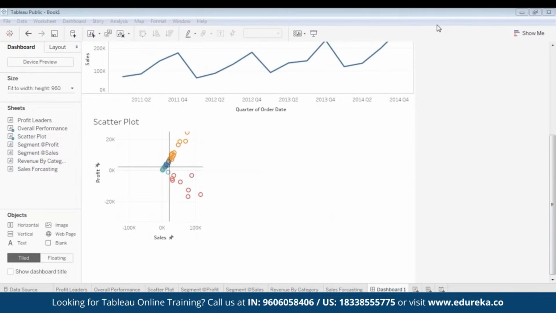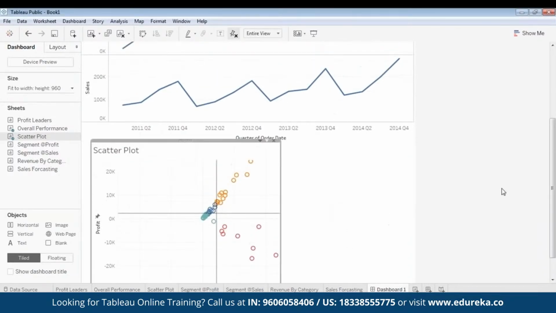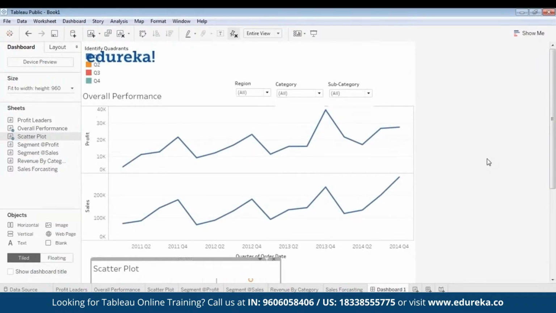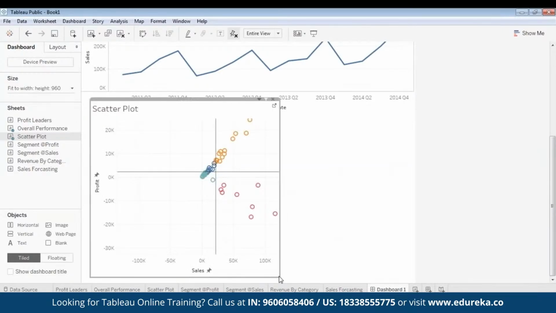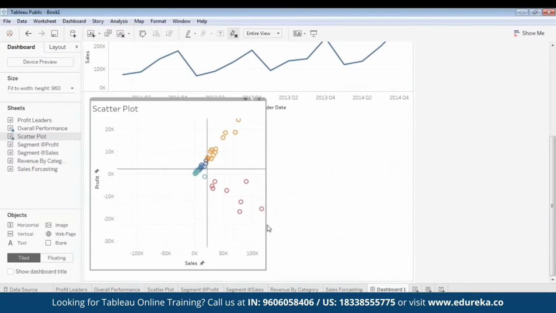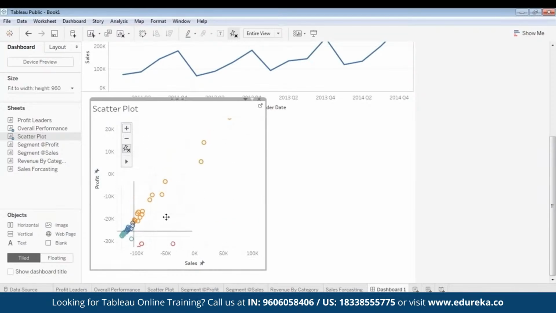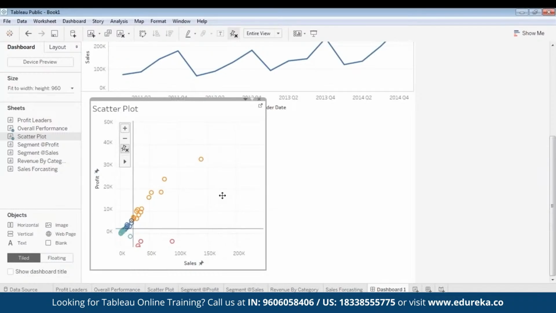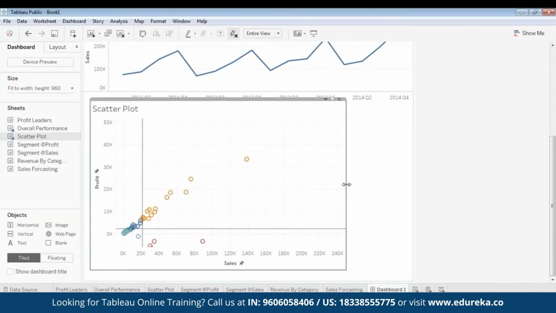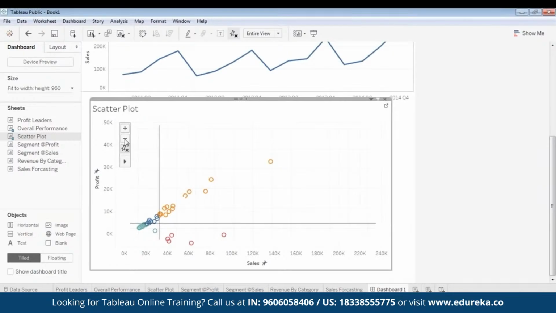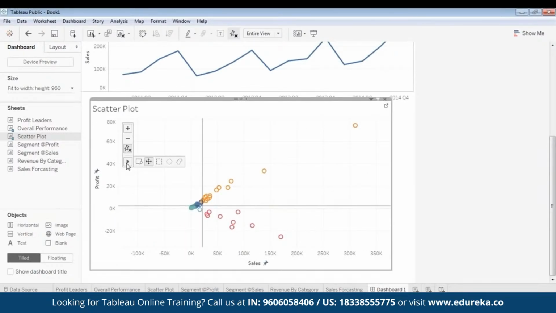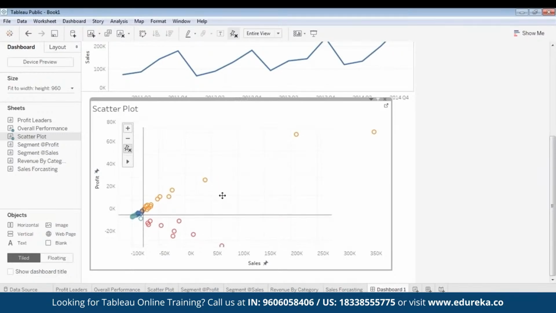Let me resize my scatter plot. So I want all my states to be there, right?